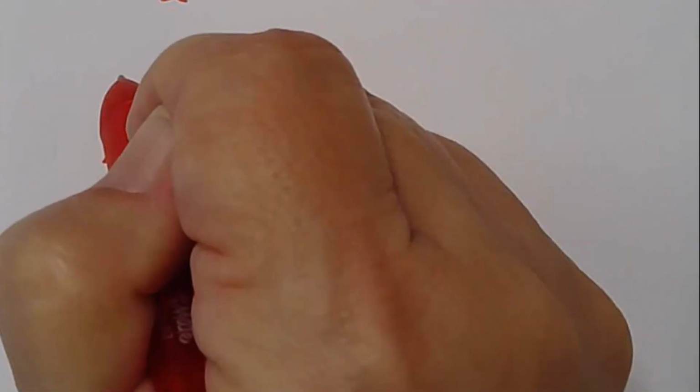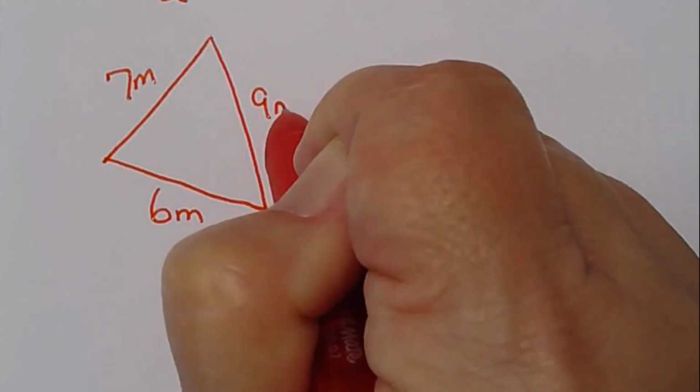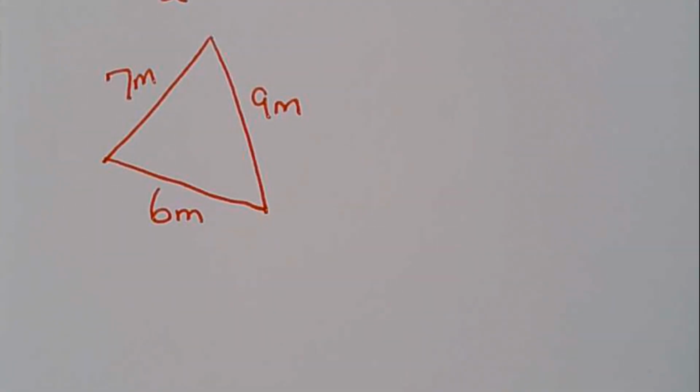This side measures 7 meters. This side measures 9 meters. The height of a triangle is where there's a 90-degree angle. None of these angles are 90 degrees. This is not a right triangle. So we can't do 1/2 base times height, so we would do Heron's formula.